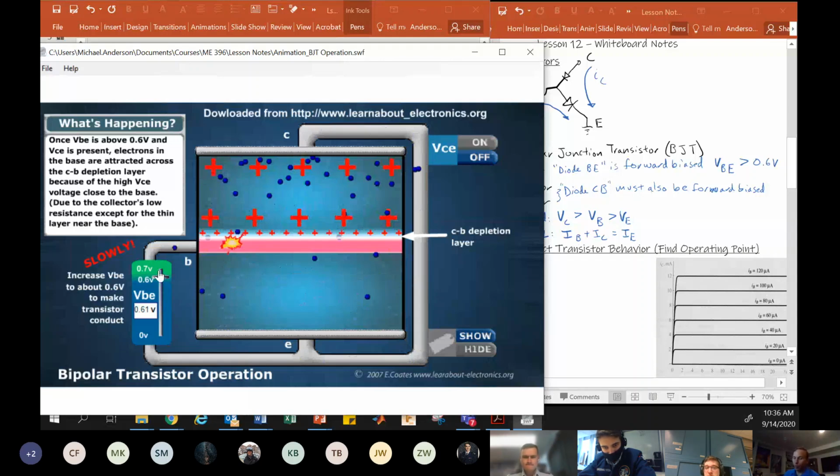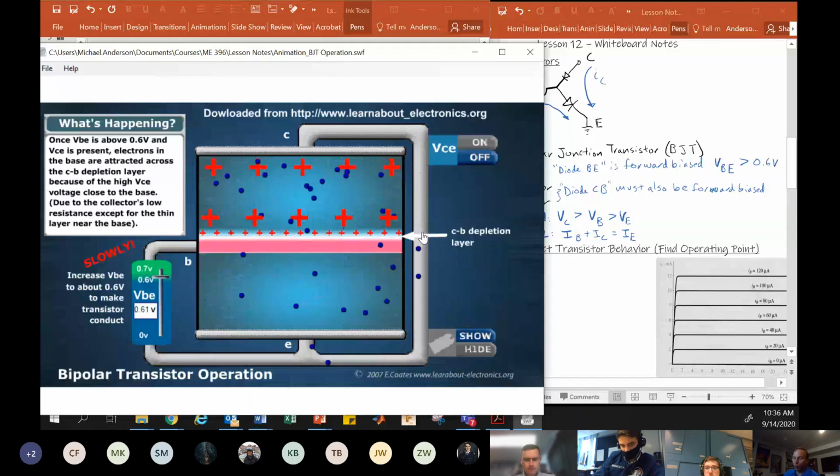So on the transistor, how would we stop this flow of current? You shut off the voltage at the base. At the base, very good. Yeah, the base is our control valve.